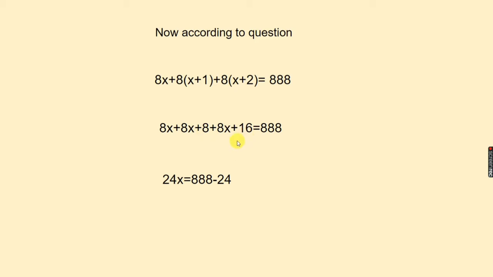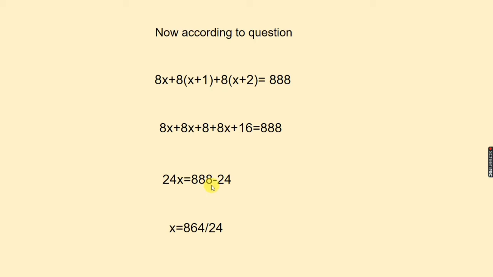We transpose this constant 24 to the other side. So we got 24x is equal to 888 minus 24. This 24 came from adding 8 and 16. We transposed it to the other side, so it becomes negative.